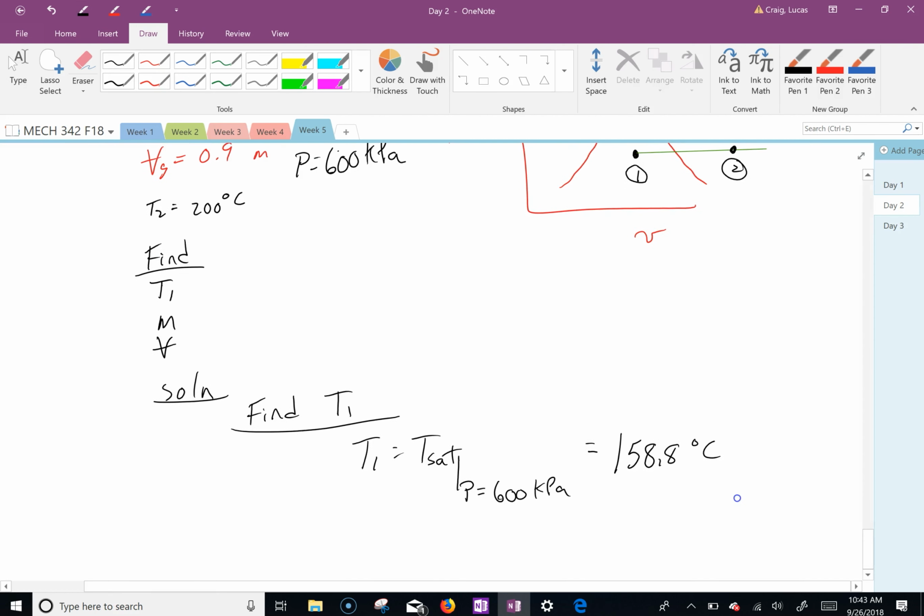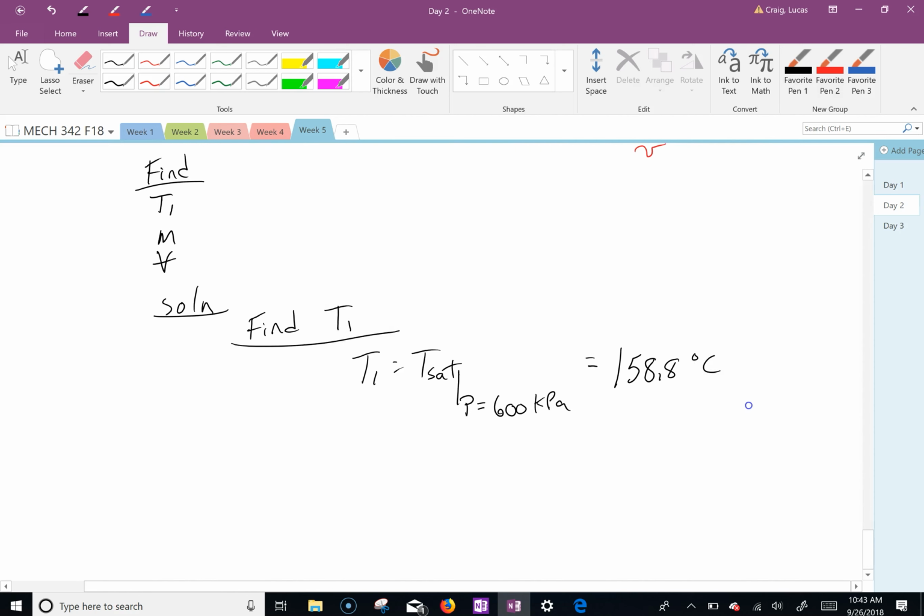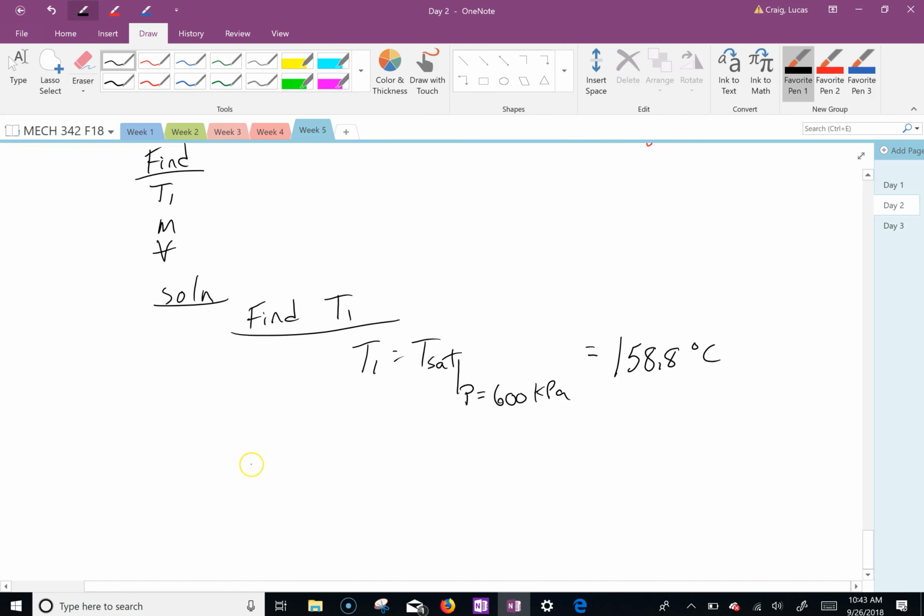So I'm going to skip the mass for now. Let's find the total volume. What do we know at state 2? P2, and we know T2.